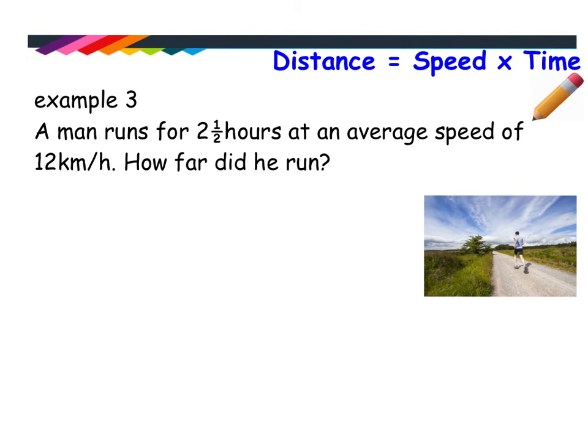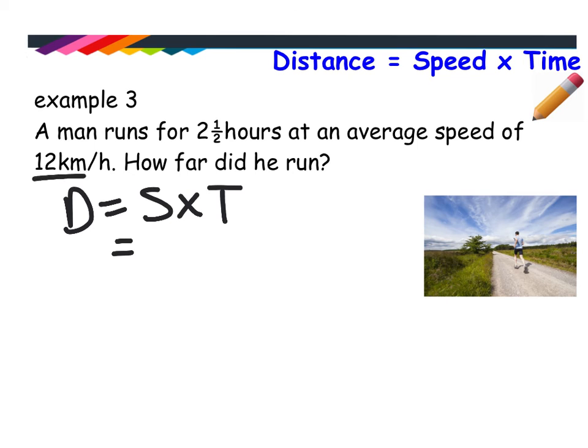My final example is about a man who's running for 2.5 hours at an average speed of 12 kilometres per hour. How far did he run? So distance, again, speed times time. Now, on all the other examples, I've given you the speed first and then the time. Do you think it really matters if I get them the wrong way round? Well, when multiplying, it doesn't, does it? So either way, though, I'm going to stick with the speed first.